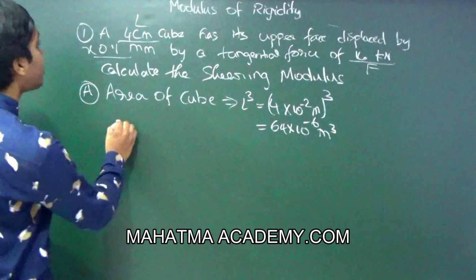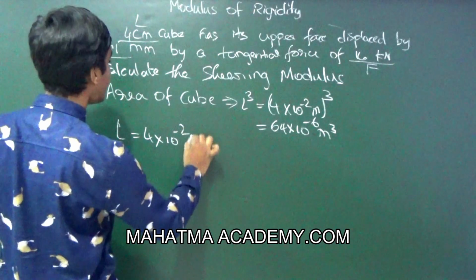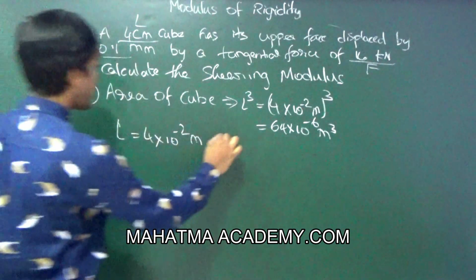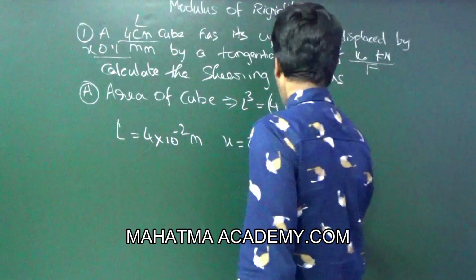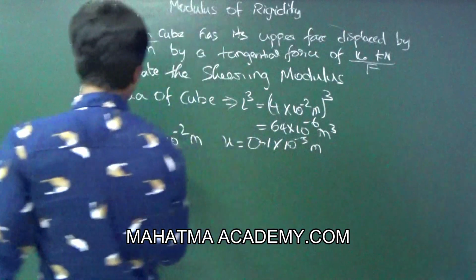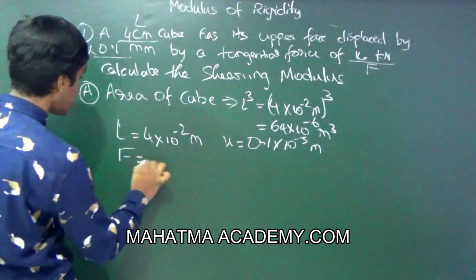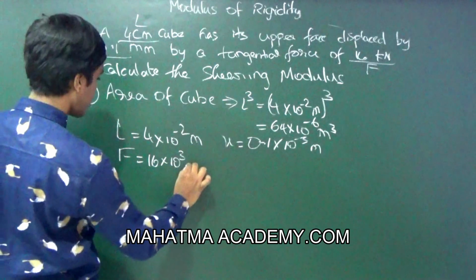Now the length is 4 into 10 to the power of minus 2 meters, and x is 0.1 into 10 to the power of minus 3 meter, and the force is 16 into 10 cubed Newton.